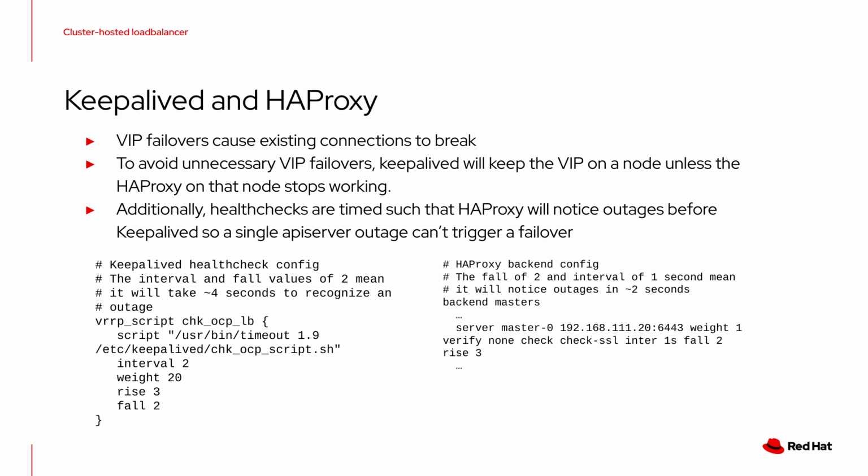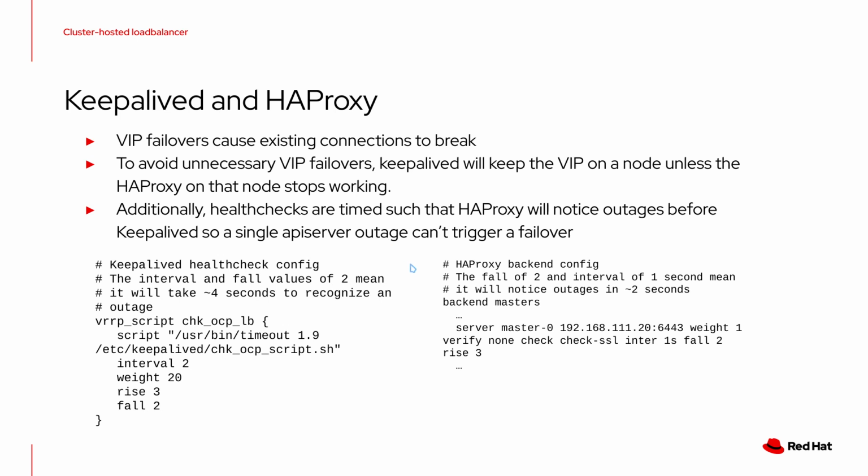And what that means is that if an API server goes down or a node needs to be rebooted or something like that, the VIP doesn't necessarily fail over just because of that one outage. It will only fail over if the node that is hosting the VIP either has to go down or if HA proxy quits working for some reason, which is unusual, but you never know.